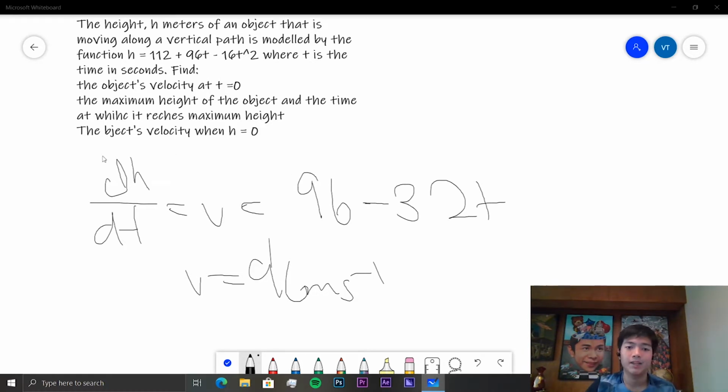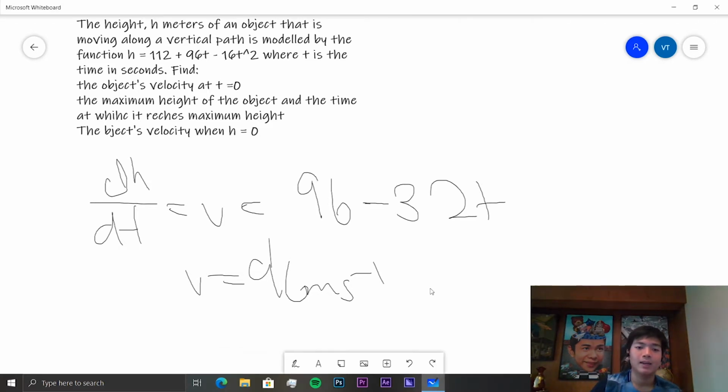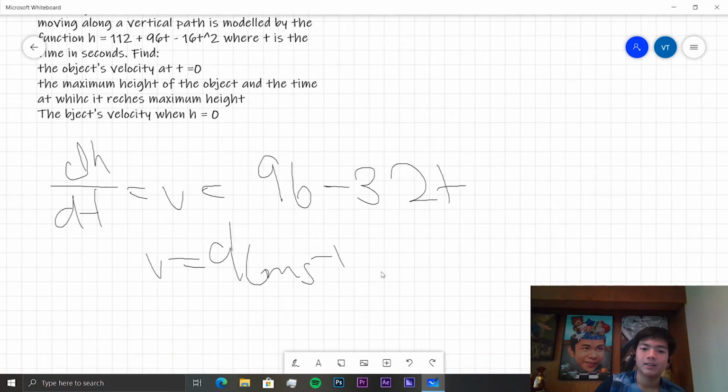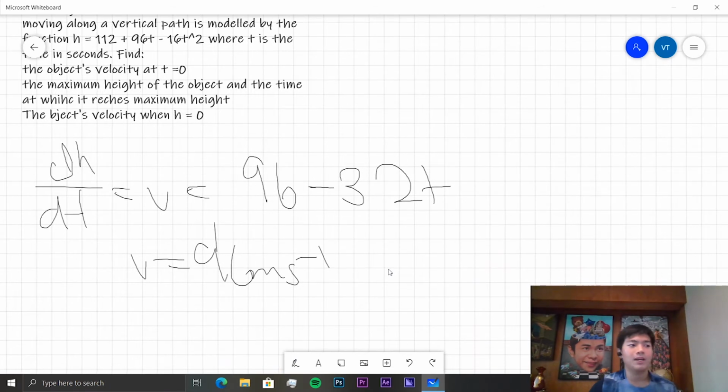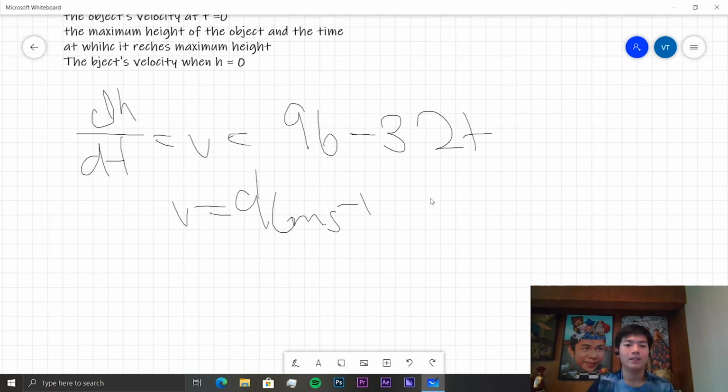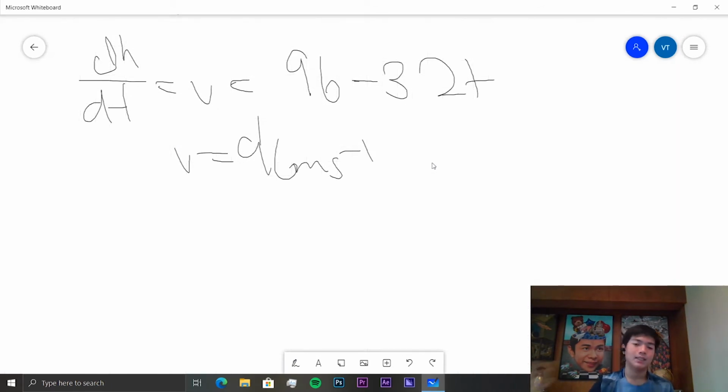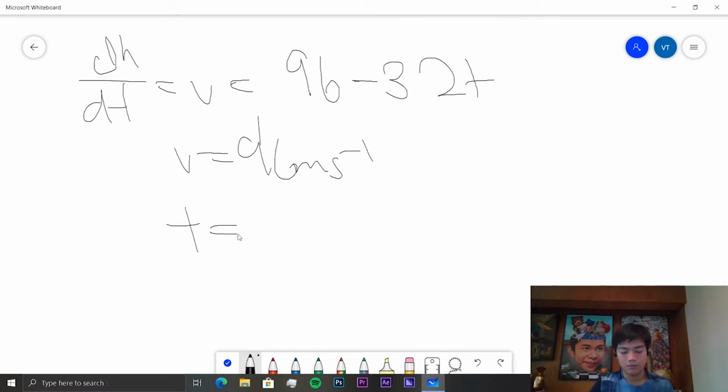Now the maximum height of the object and the time it reaches maximum height. So the maximum height of the object will occur when the velocity is equal to 0, because that's when it's reached maximum height. So that's simply when t is equal to 96 over 32, which is equal to 3.